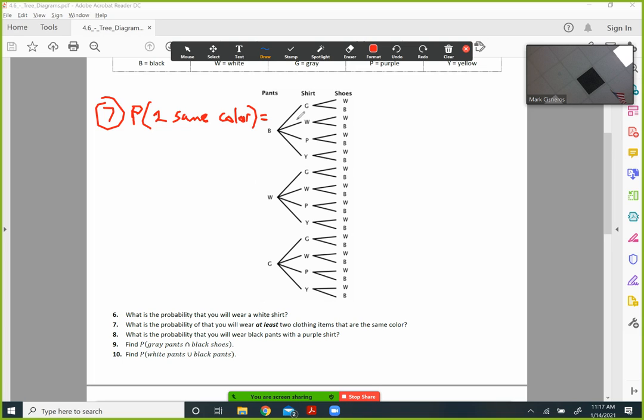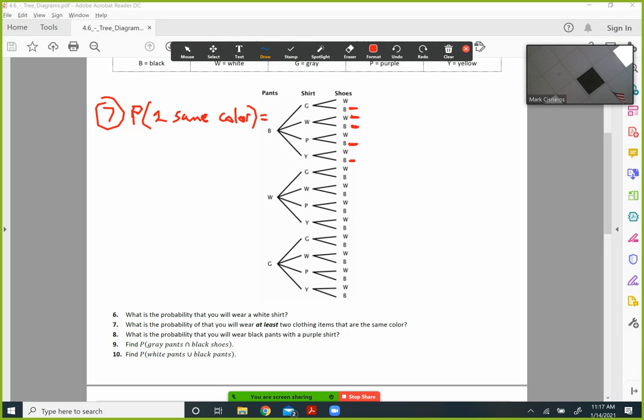So black, green, black. So there's 1. Black, white, white. There's 2 because there's 2 white. Black, white, black, 3. Black, purple, black. 4. And black, yellow, black.